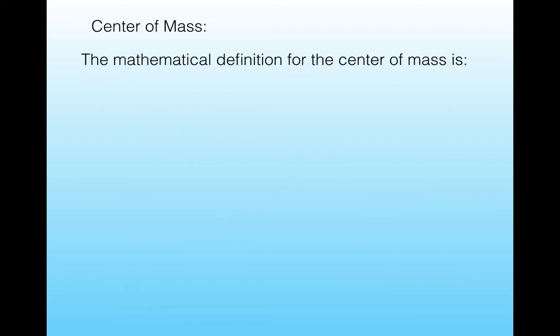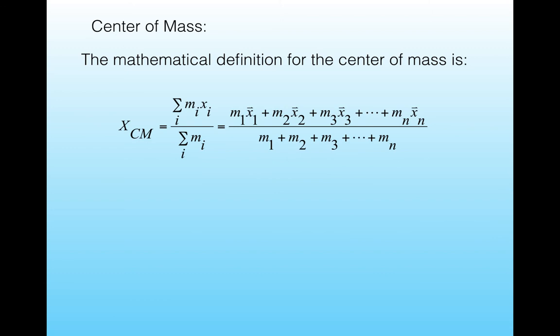Let's define it mathematically, though, based on that intuition that we just had and this idea that it does depend on the density. We can say that the center of mass, let's just say for the x direction, is the sum of the mass of a particle times the location of that particle, summed over all of the particles i, divided by the total mass.